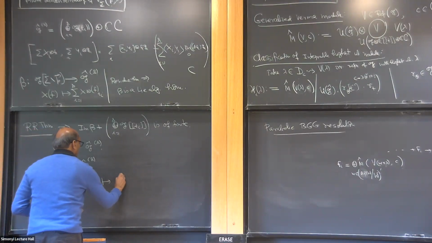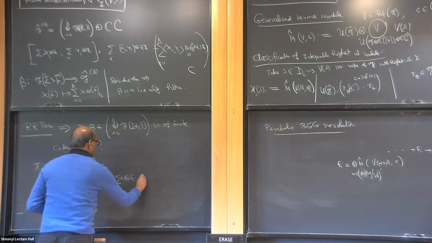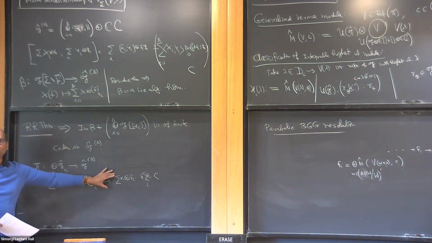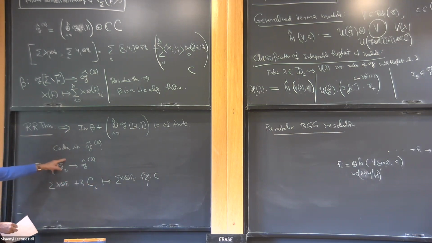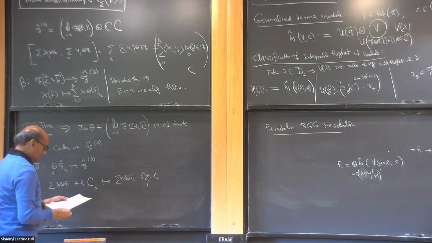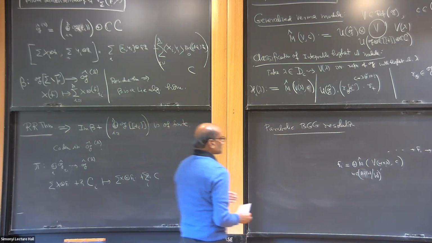This will go to X tensor Fi plus Zi C. Basically, I'm just saying that each Ci I'm going to map to the same C. So this has its individual central element, Ci, and I'm just going to map it to the same C. So this is a Lie algebra homomorphism, clearly. Okay, so now there is this lemma which I need, and let me write it.